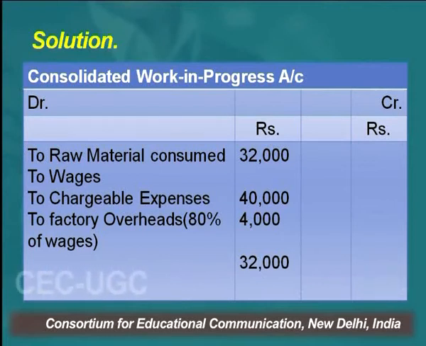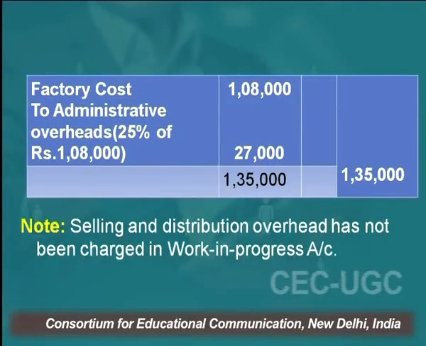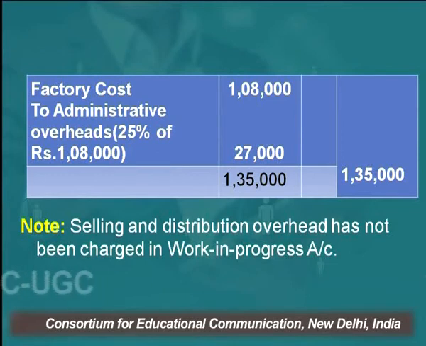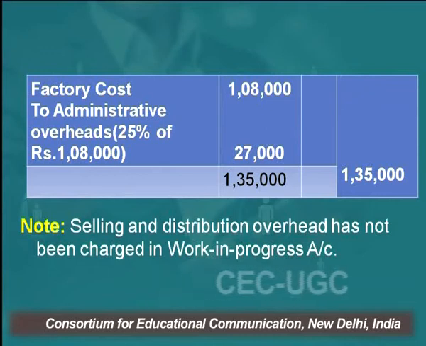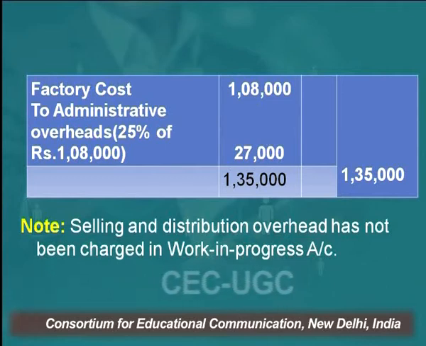So factory overheads are 32,000 rupees. Factory cost is given as 1,08,000 rupees. Administrative overheads are 25% of the factory cost, so 25% of 1,08,000 comes to 27,000. So this is your total cost of work in progress, that comes to 1,35,000.